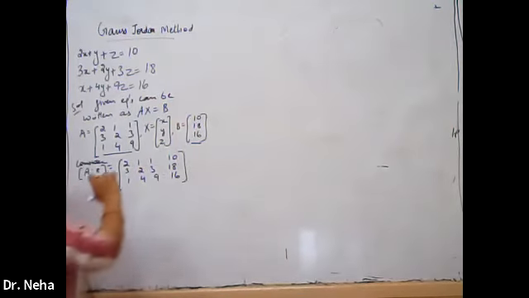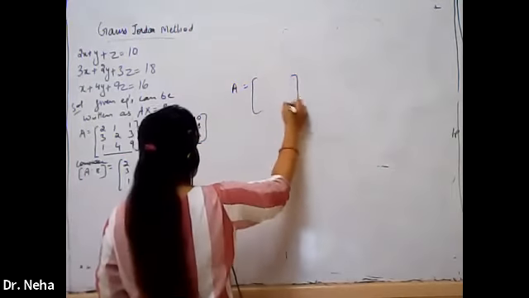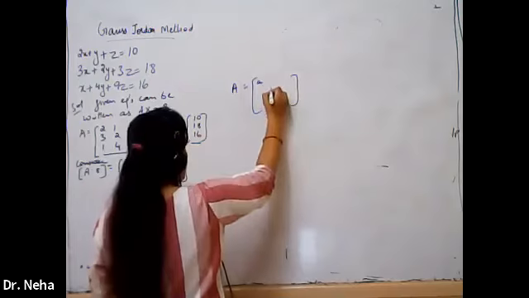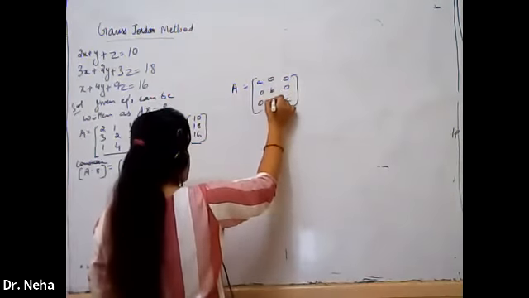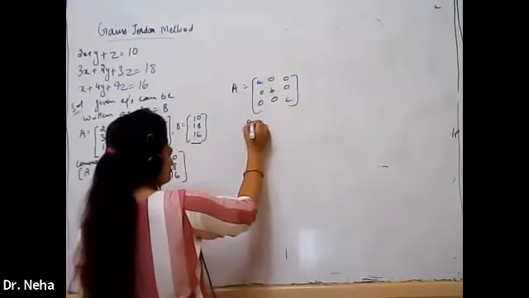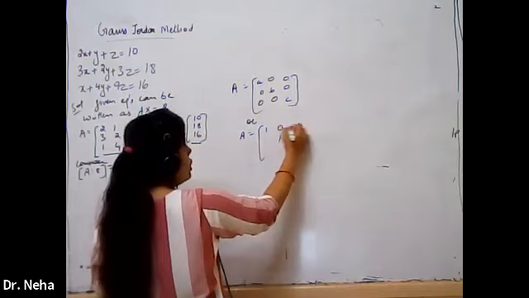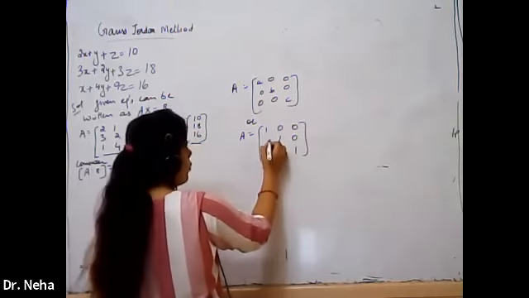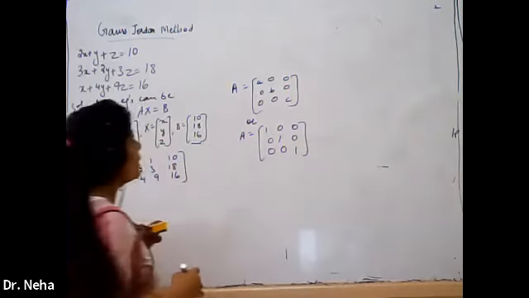Clear? Now, what is our purpose? We have to reduce A into this matrix, A, B, C, where all the other elements have to be 0. Or we can convert the matrix A into a unit matrix. Unit matrix means diagonal elements are 1, and all the non-diagonal are 0.